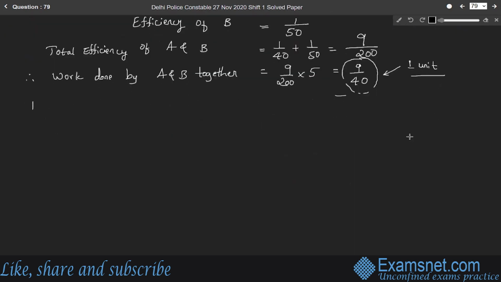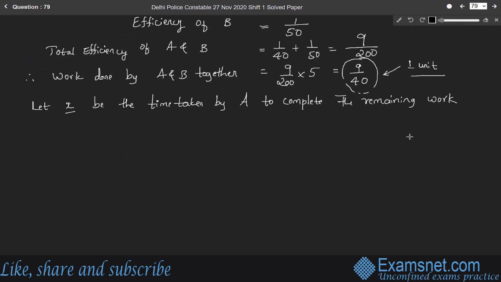So before that, let X be the time taken by A to complete the remaining work. Right?